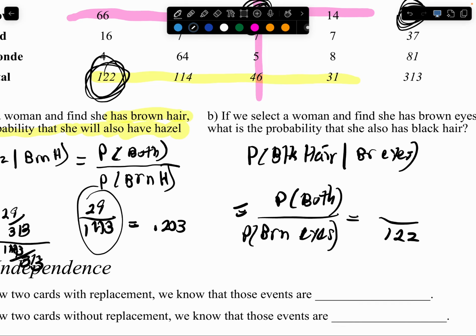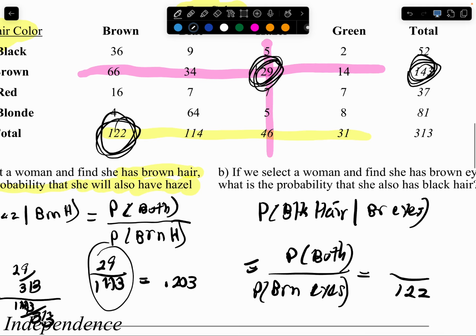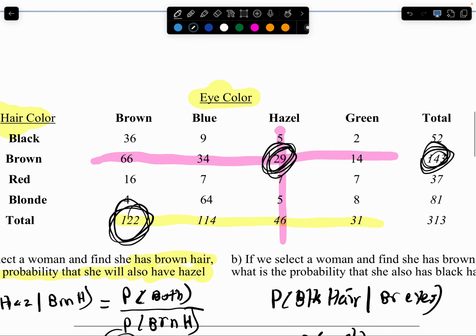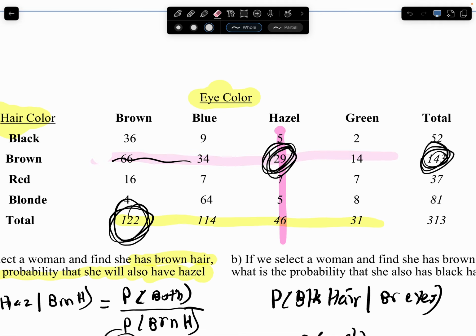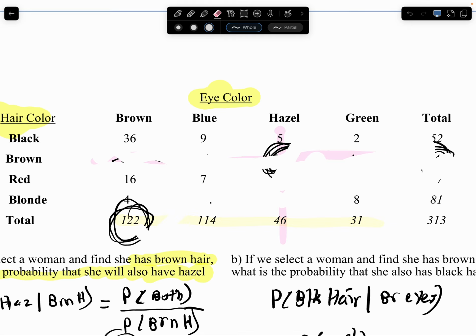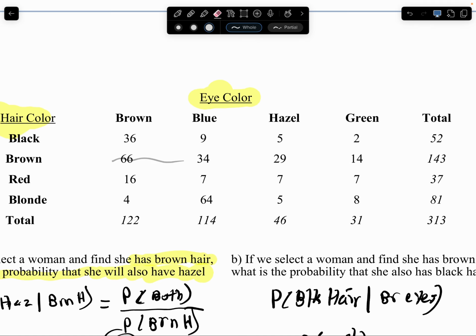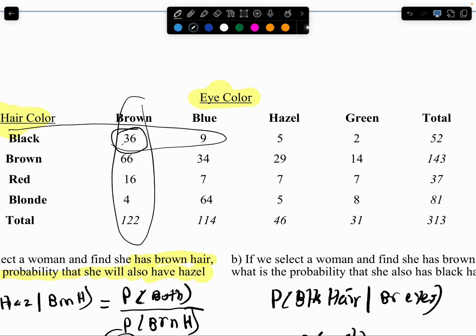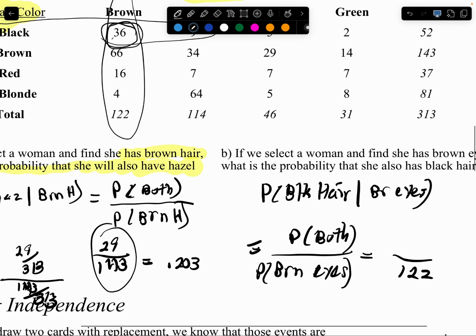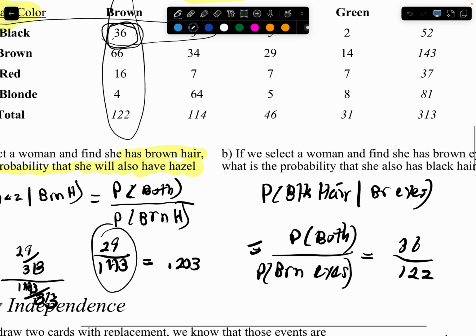And probability of both brown eyes and black hair. Brown eyes, black hair. Our intersection is 36. So we have 36 on top, and that's going to give us 0.295.